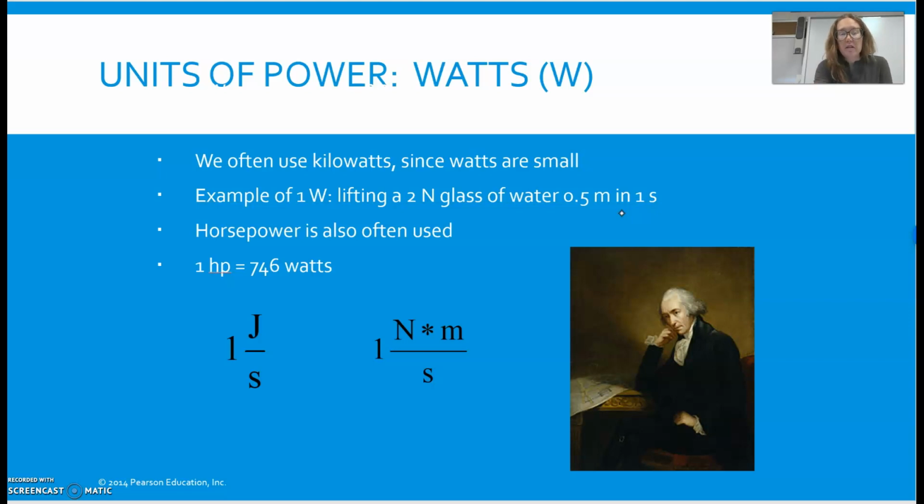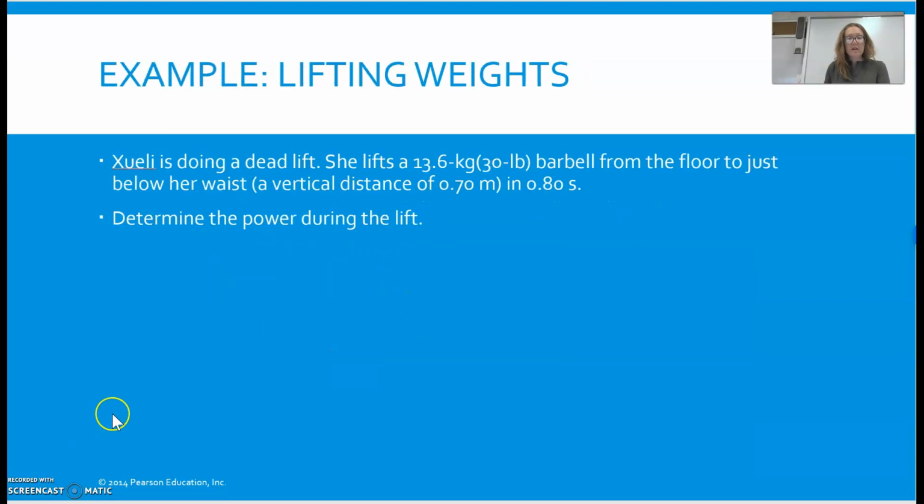Since we're talking about a rate here, and energy is in joules, it would be a joule per second or a Newton meter per second. And then we could calculate the power as a transformation of energy.